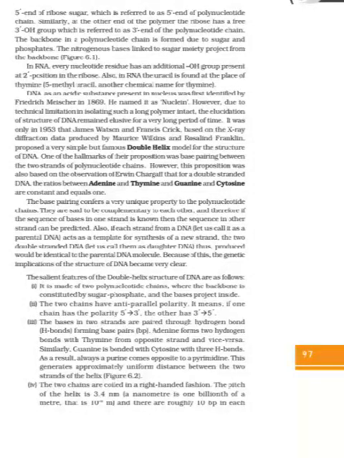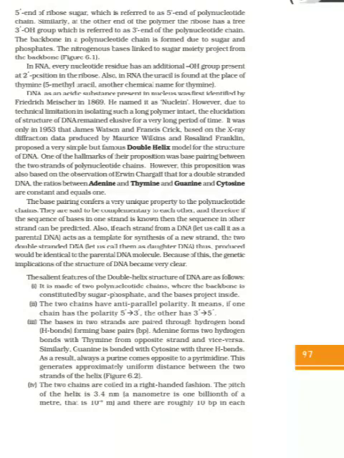The nitrogenous bases linked to the sugar moiety project from the backbone. In RNA, every nucleotide residue has an additional OH group present at the 2' position in the ribose. Also in RNA, uracil is found in place of thymine; 5-methyl-uracil is another chemical name for thymine.